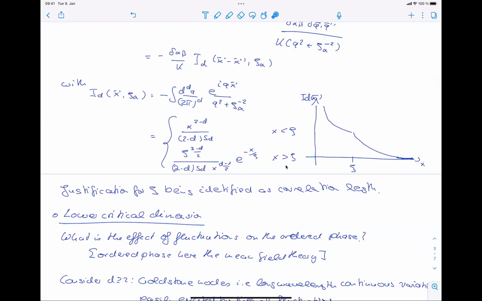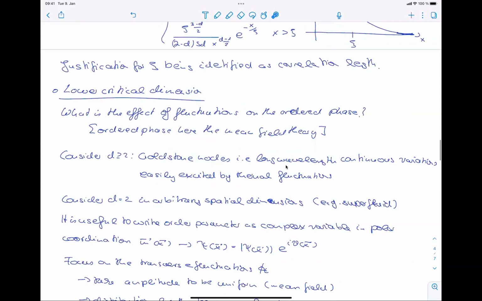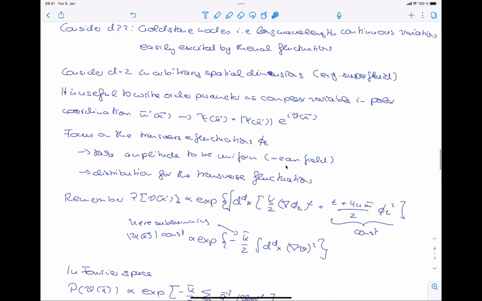And so our ad hoc assumption that we define correlation lengths as 1 over e to the x over this correlation length is something that we find here, and so we can identify this length scale of the correlation lengths for these fluctuations in general. But here we're looking at a special case, namely asking what are the dynamics of the Goldstone modes, right?